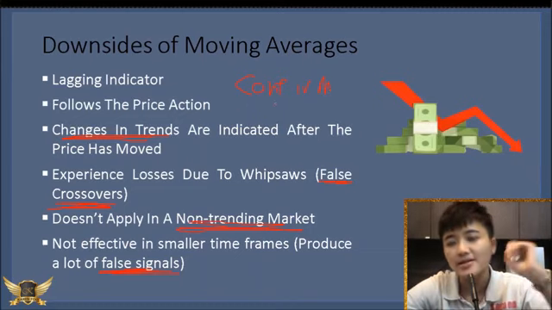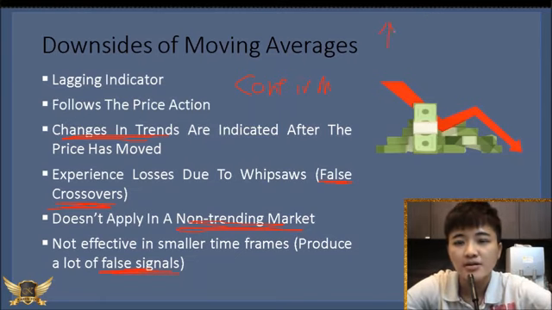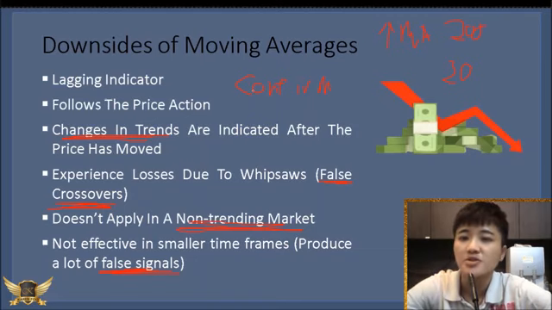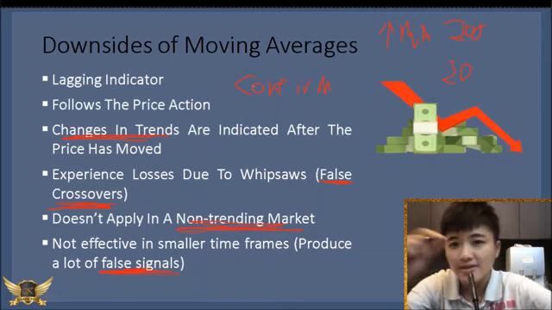The higher the number of your moving average, let's say for example 200, the more lagging it is compared to a smaller number like 20 SMA. In other words, the higher the number, the more it lags. So the more it lags, the more you shouldn't rely on it to enter the market.